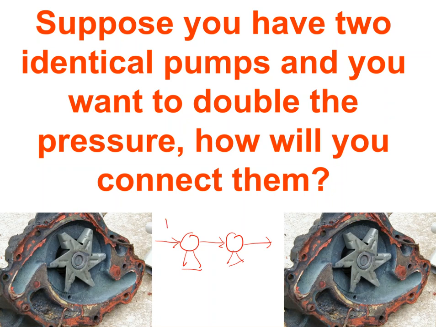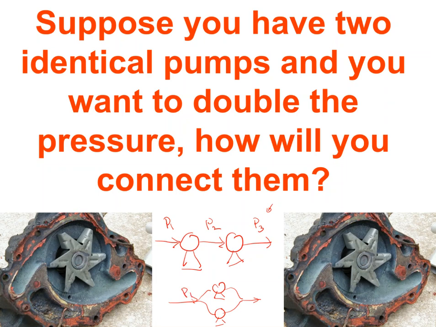So suppose this is P1 and this is P2 and this is P3. So if I want to increase the pressure, shall I connect them like this, or shall I connect them like this? I mean, this is the first pump and this is the second pump. So I take the fluid and distribute it between the two pumps.